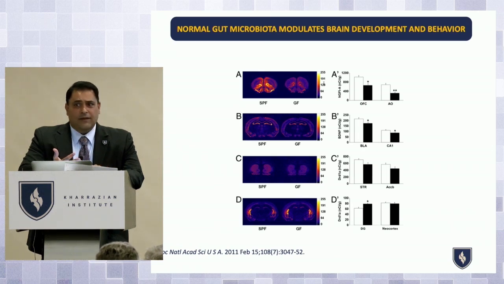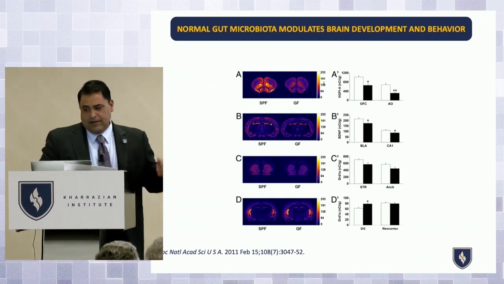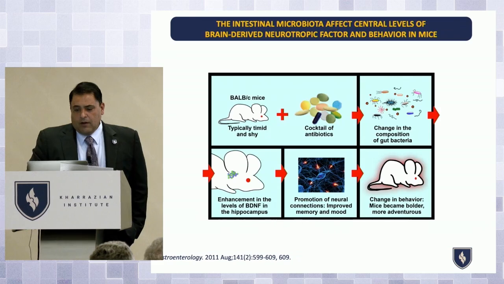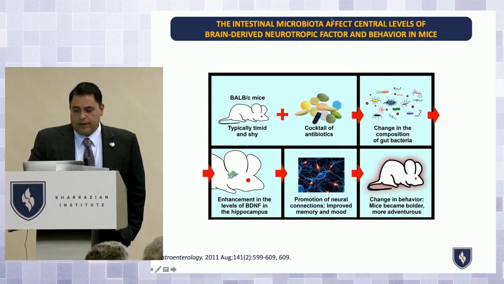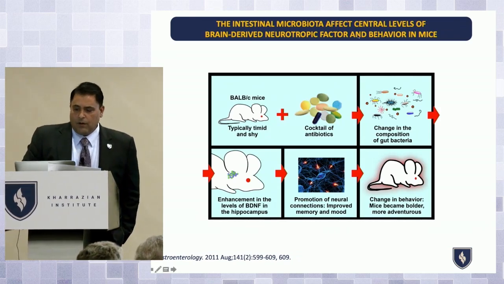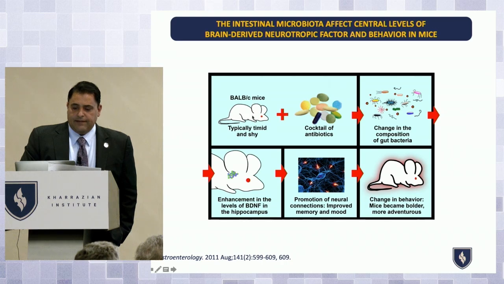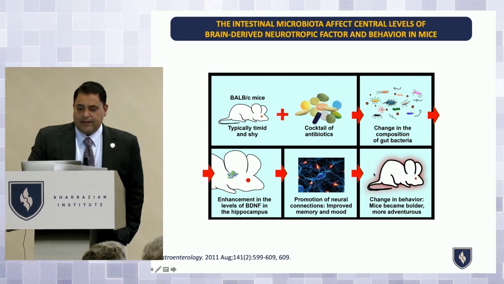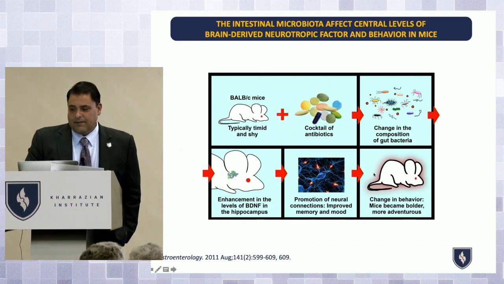Formula. That whole cascade completely changes how their brain will develop. And then you could add other things on top of that. We know that the microbiome is also involved with behavior. So they take mice, give them antibiotics, and in some studies they see personality changes.